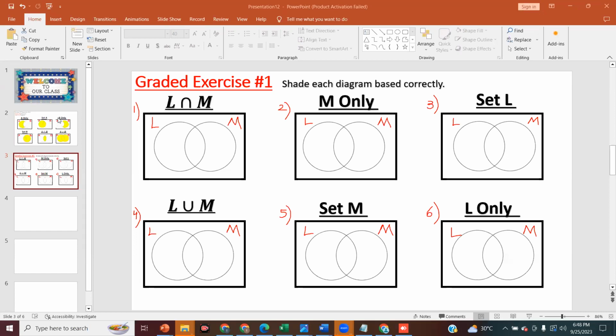Sabria, what number are you on? I'm on number 5. Okay. And Rashid, what number are you on? Rashid Forbes, what number are you on? He says number 6. Okay, good.